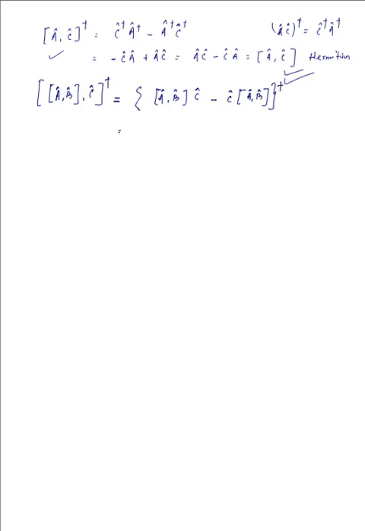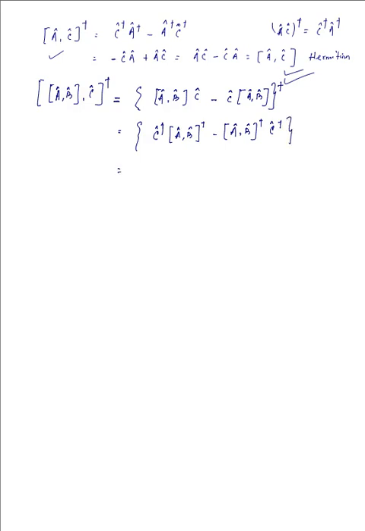This will be equal to, let's see, we'll apply the adjoint directly now. So we have C dagger, the commutation of AB, dagger, and then we have the adjoint of AB, C adjoint.